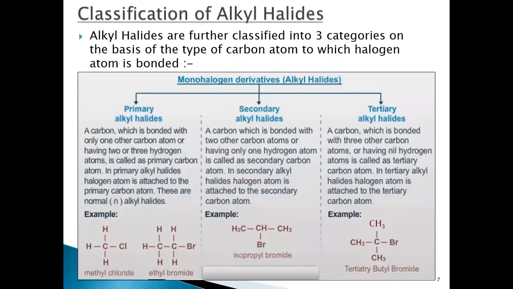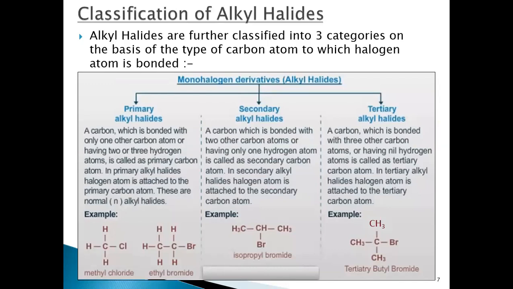Now, monohalogen derivatives are further classified into 3 types: primary alkyl halide, secondary alkyl halide, tertiary alkyl halide. These alkyl halides are classified into 3 categories on the basis of the type of carbon atom to which the halogen atom is bonded.